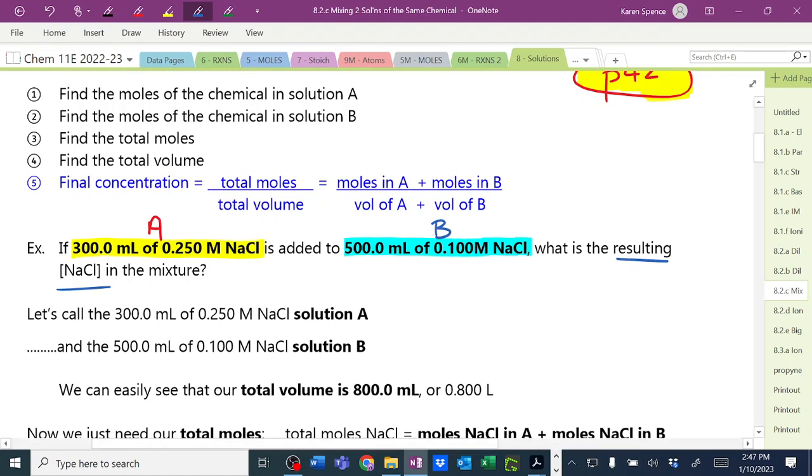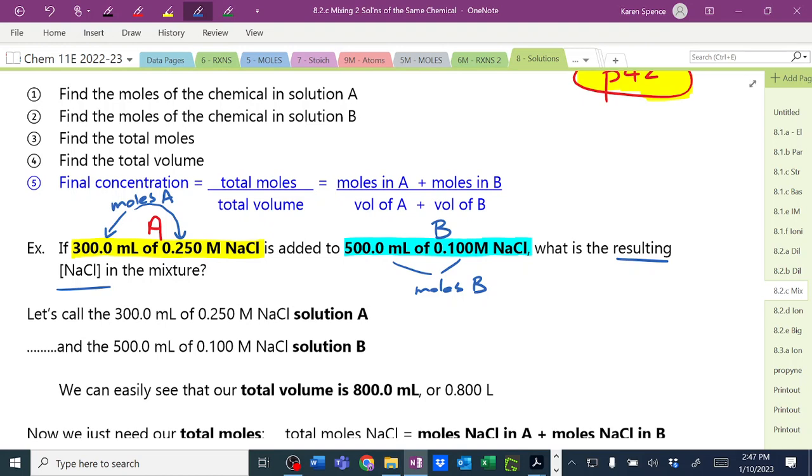Could you find moles here? Yes, you could find moles. So we'll call that moles A, okay? Could you find moles here? Yes, you could call that moles B. What's the total number of moles once you're done?